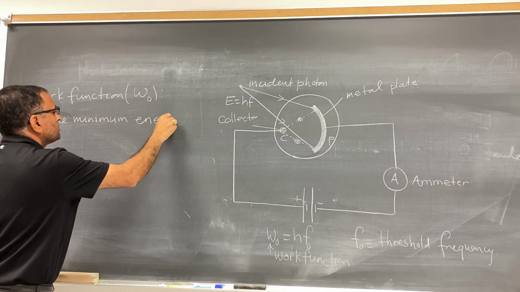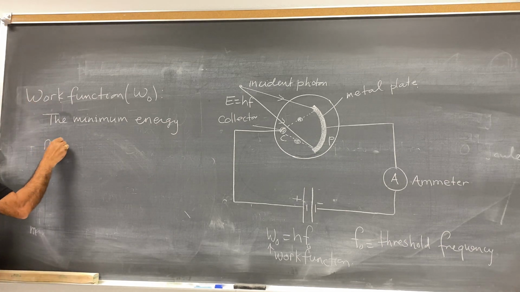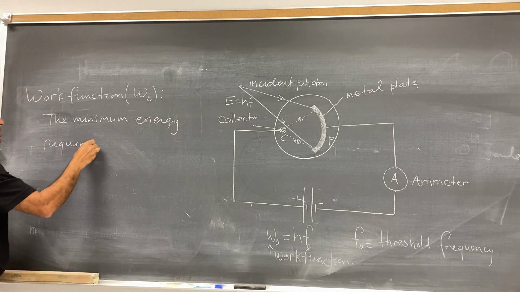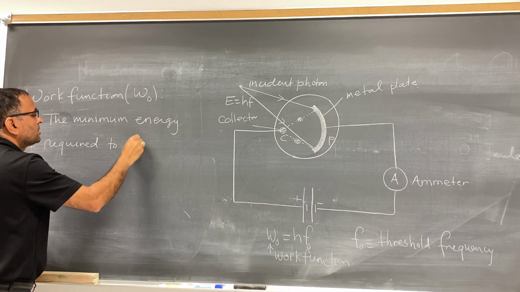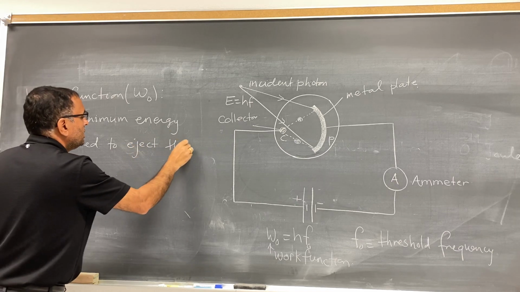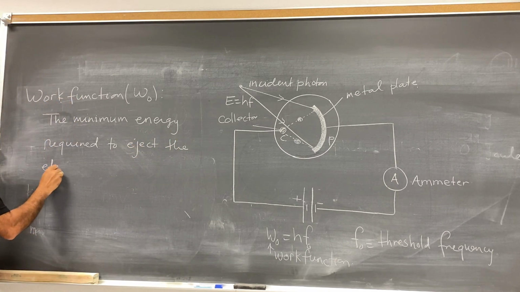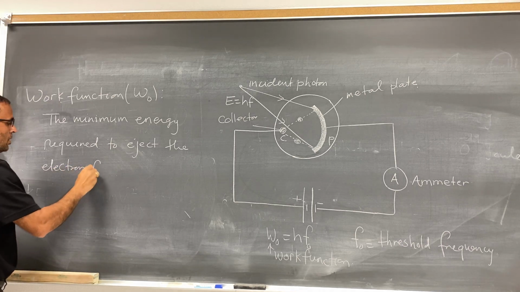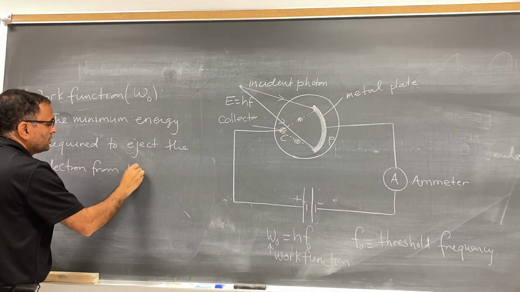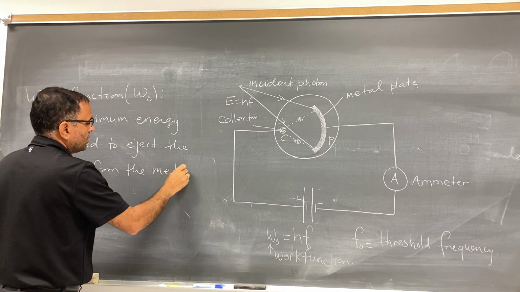So the work function is the minimum energy required to eject the electron from the metal surface.